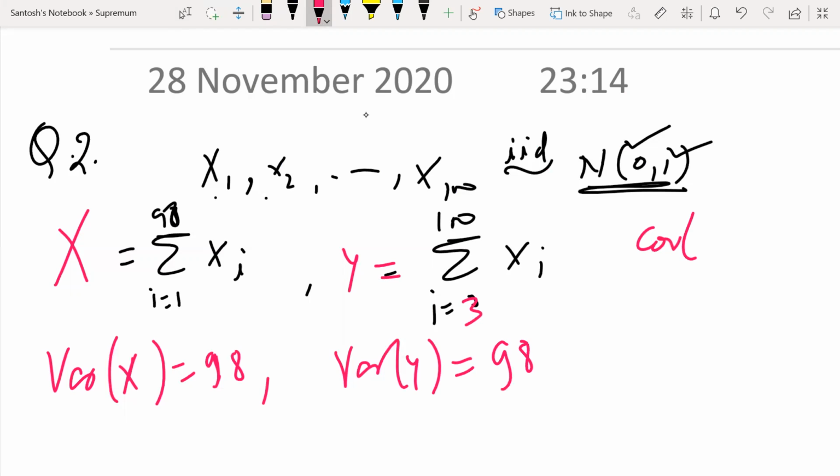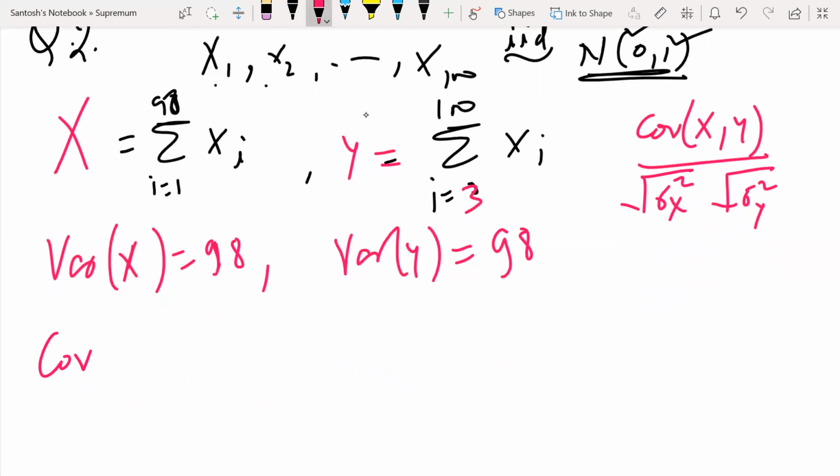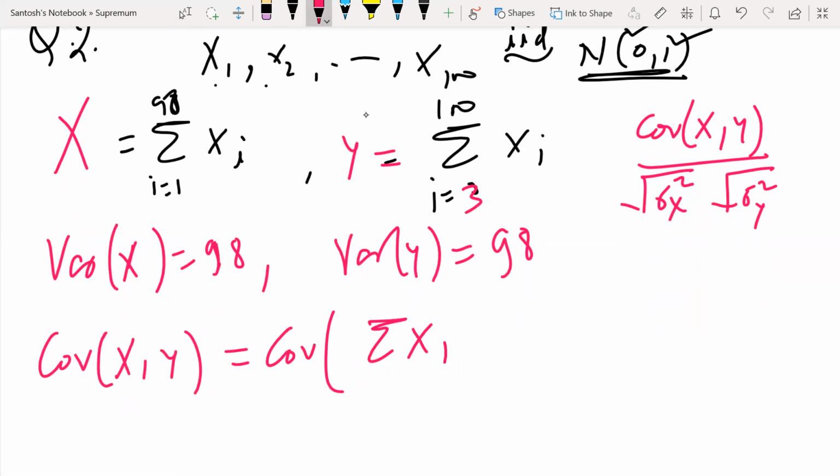Now we need the covariance of X and Y, because the correlation coefficient is covariance XY upon the square root of variance X and the square root of variance Y. So covariance of summation xi from 1 to 98, comma summation xi from 3 to 100.